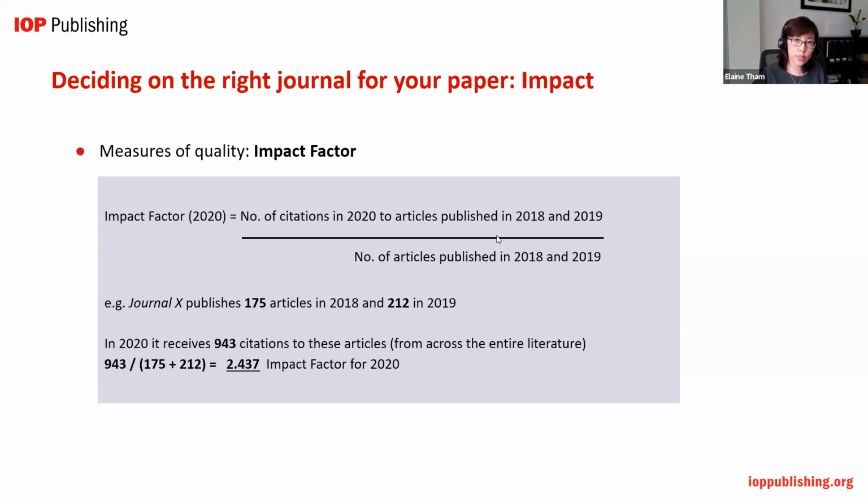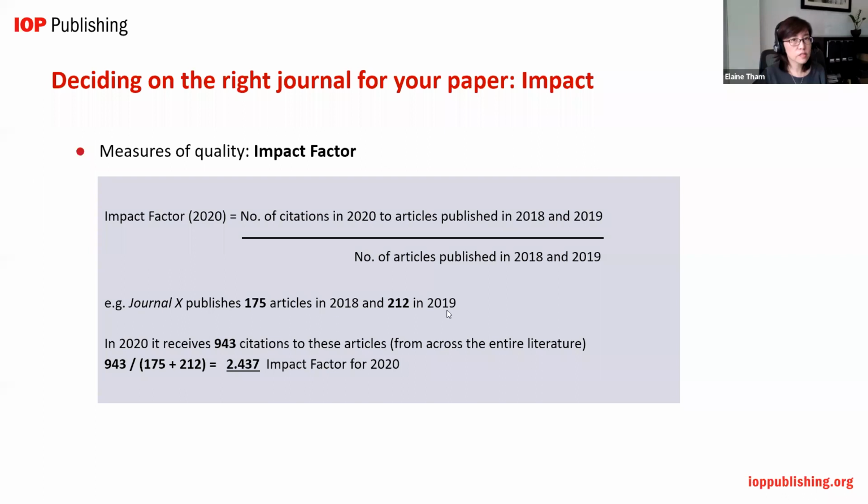So in this case, 2018 and 2019. The total number of citations is then divided by the total number of articles published in 2018 and 2019, thus giving you the average number of citations in 2020 per article. You should only compare journal impact factors within the same subject area and understand their relative positioning.